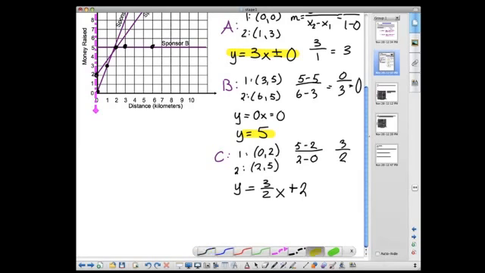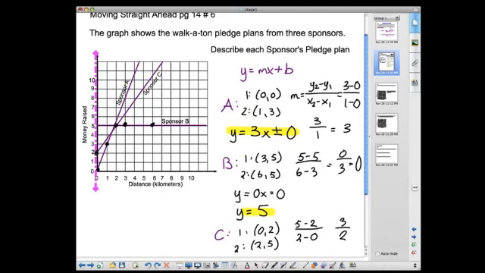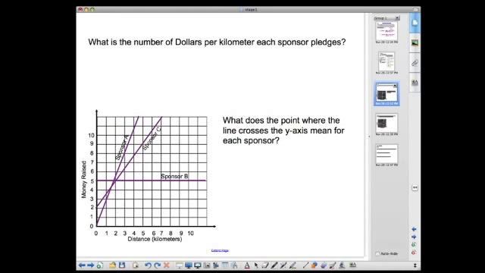Now I've got all my data here for the descriptions of my pledge plans. So this was really the goal of being able to write the equation using both the slope and now the y-intercept. The y-intercept is significant for these types of equations because especially in this example it talks about the sponsor pledge plans.